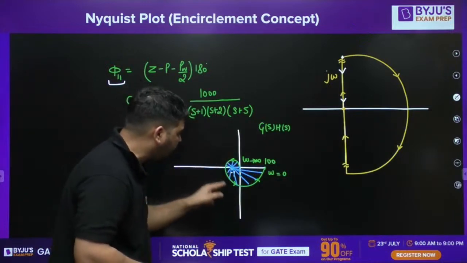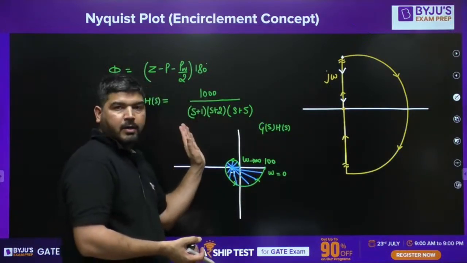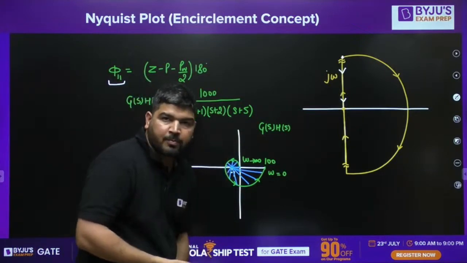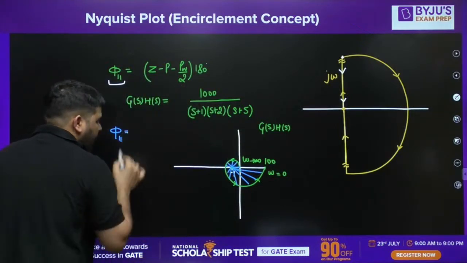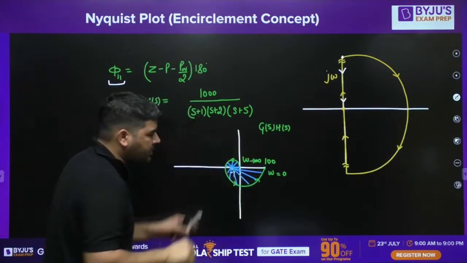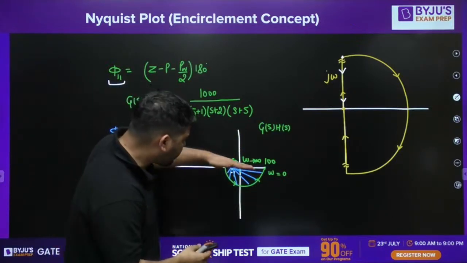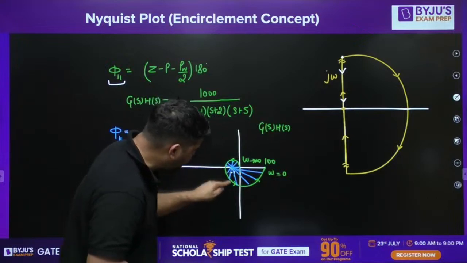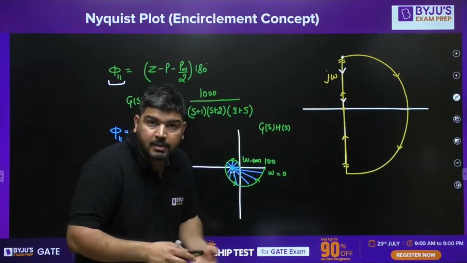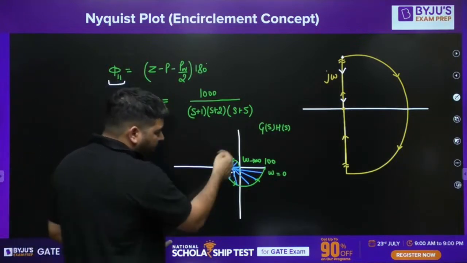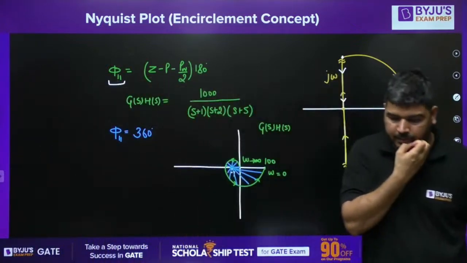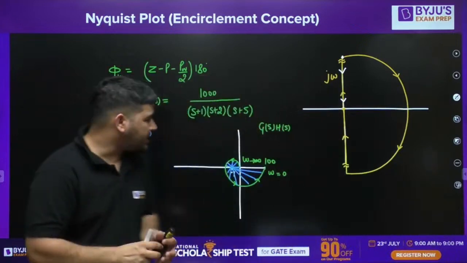Oh, sorry, you are moving anti-clockwise. In anti-clockwise the angle has to be positive. So phi 11 is how much angle you have rotated with respect to -1. You have started from 0, then pi, and then one more pi, which means 360 degrees. You are moving anti-clockwise, so the angle is positive. I hope it is clear. So this is my phi 11.